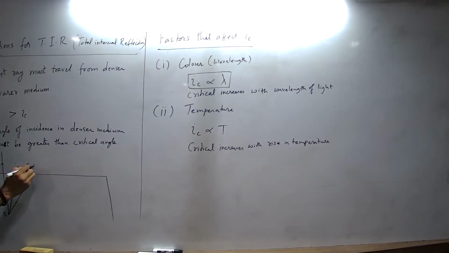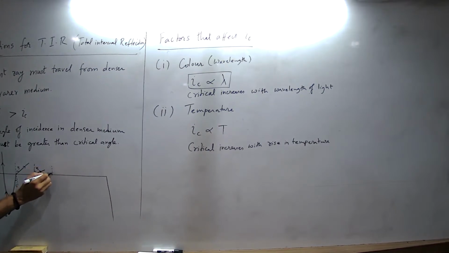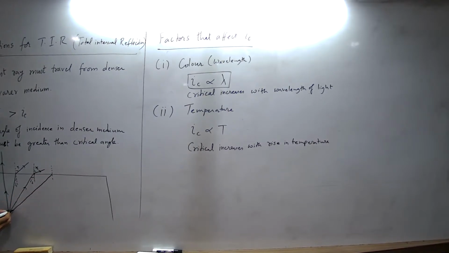So now the angle of incidence is increased. So the angle of refraction also will increase. Right? So you have I2, this R2. Everywhere R is greater than I, whenever the ray is entering into rarer medium. Now there will be an angle of incidence for which the angle of refraction will become 90 degrees.